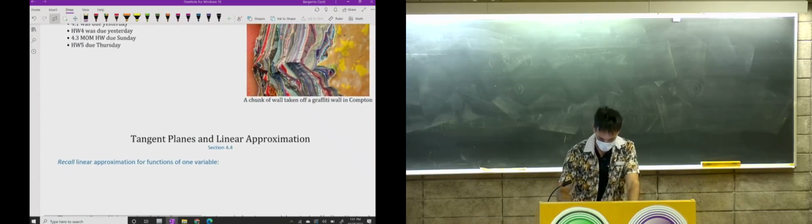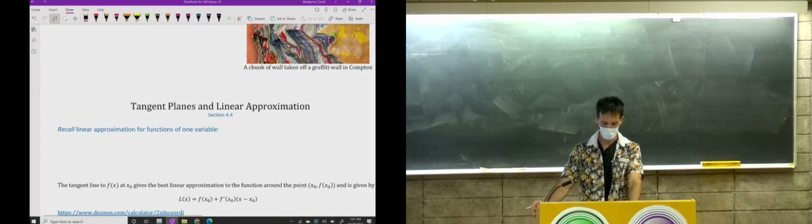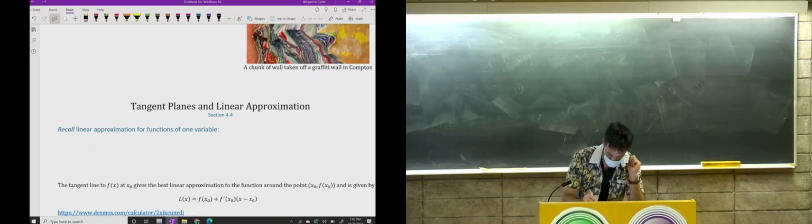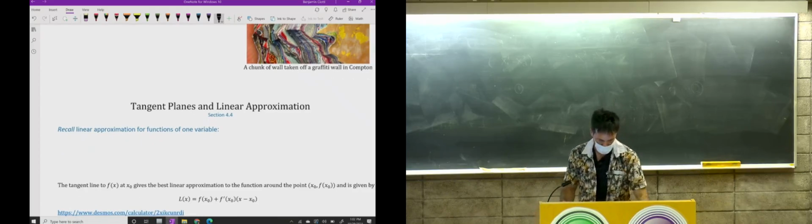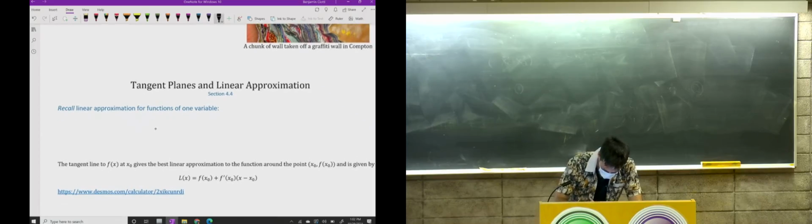Okay, so let me remind you of what you did back in 10a as it pertains to tangent lines and linear approximation. So in 10a, you looked at a function of one variable, let's say f of x.